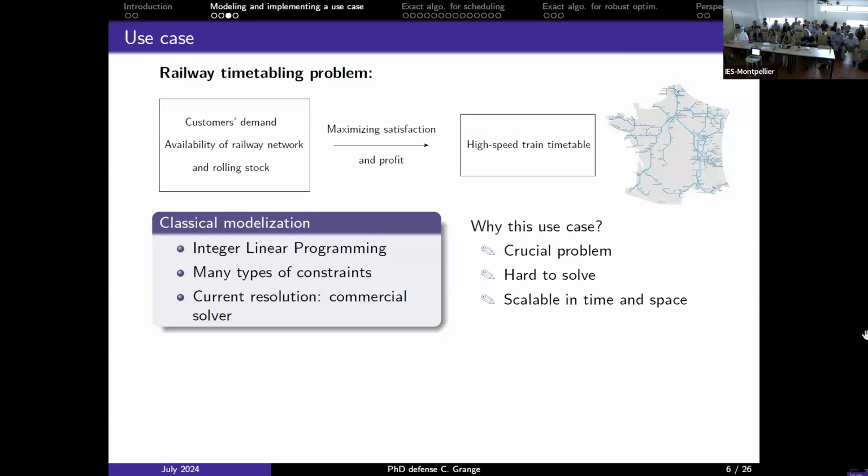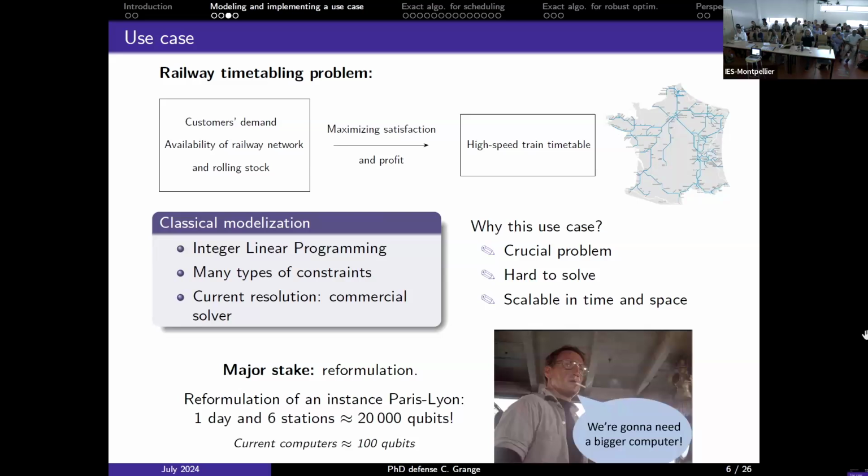Second, this is hard to solve. And thirdly, it is really easy to scale in time and space. It means that if we take a short time and a small space, it still makes sense to look at this problem. And because of the weak maturity of quantum computers today, it was really important to have this property.